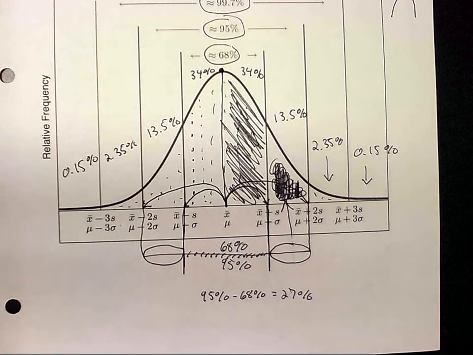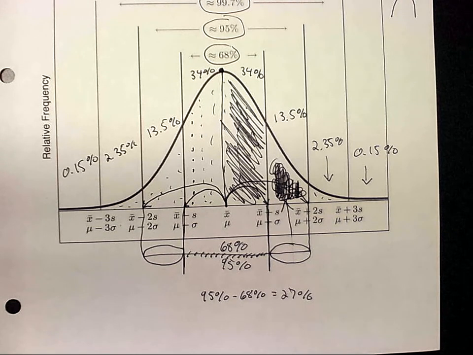With these percentages, one of the things that I would highly, highly recommend is remembering how to get these percentages. If you remember how to get them, your life is going to be a lot easier. Now, this is not something that you have to memorize.